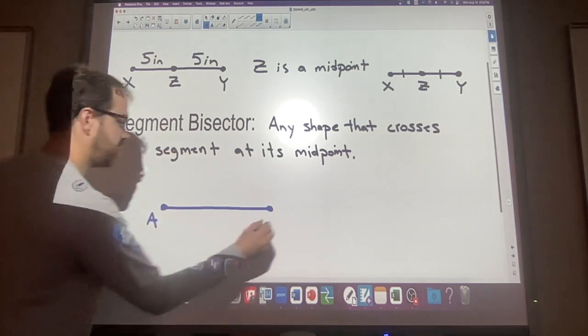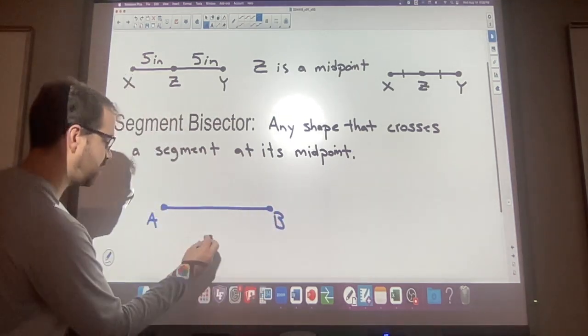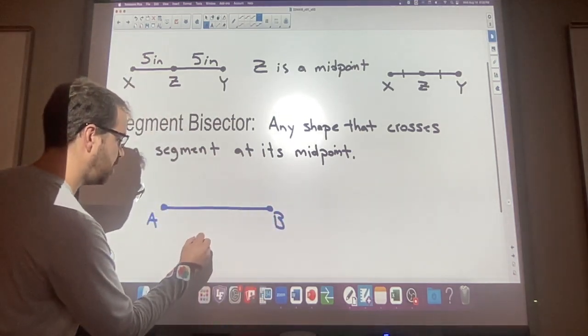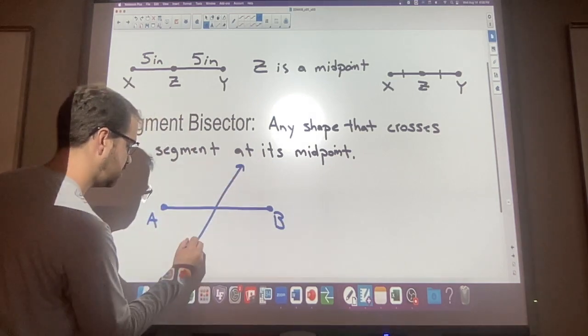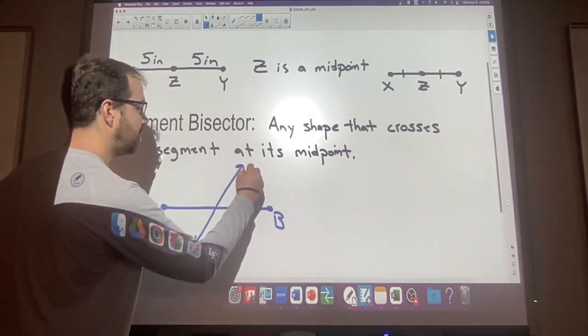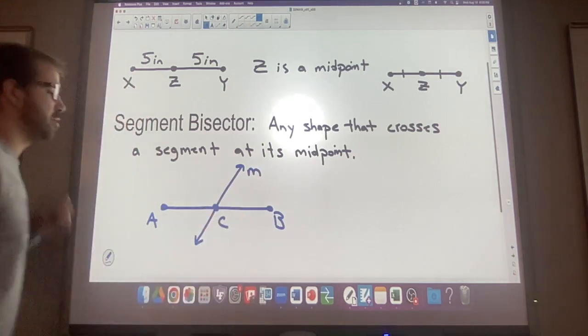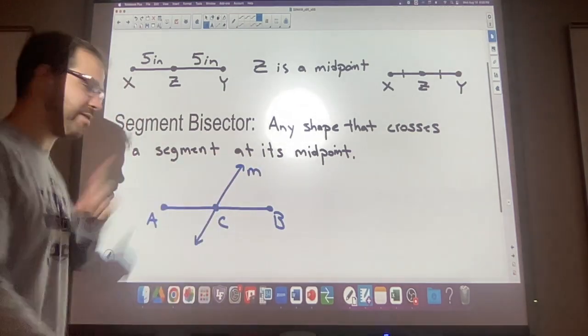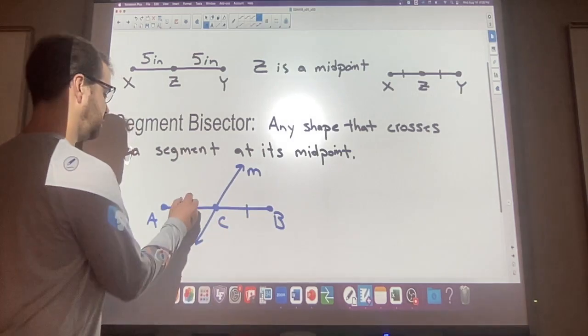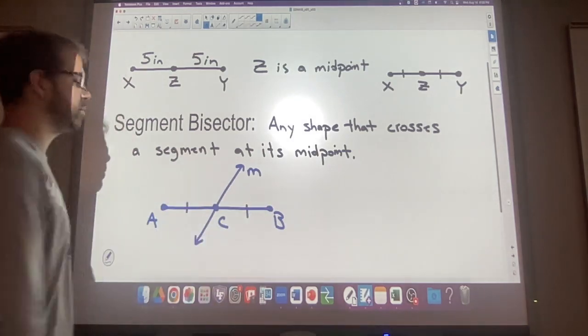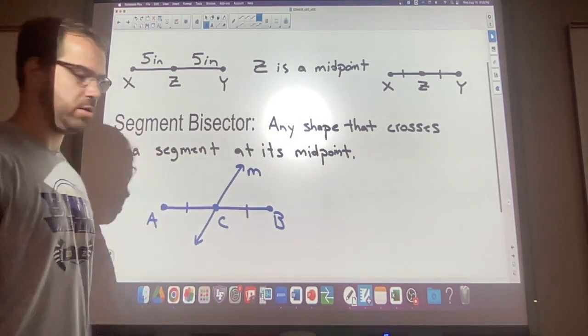So if we have A, B, and we have a line here like this, let's call this line M, and that crosses at C. This is a segment bisector if C is a midpoint, meaning that both of these halves are congruent.